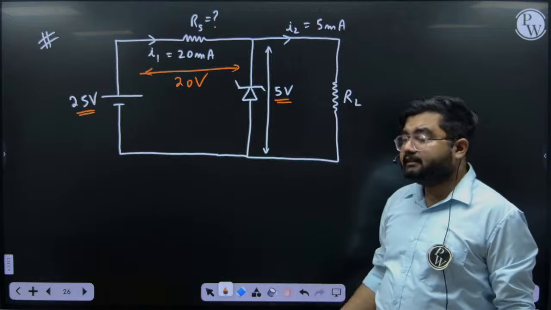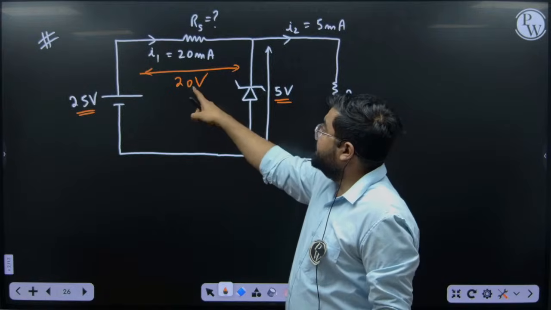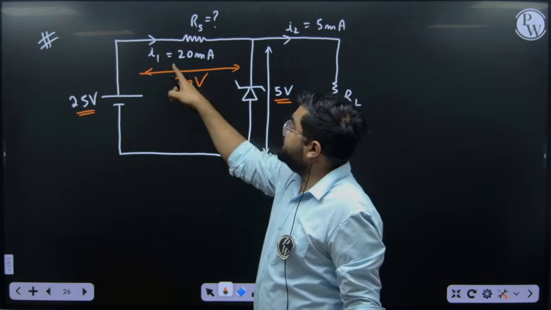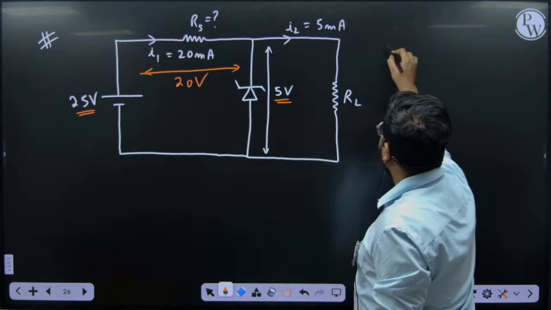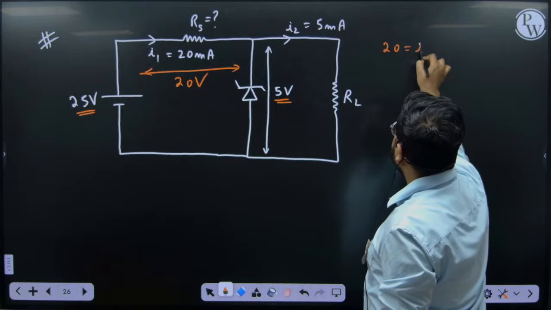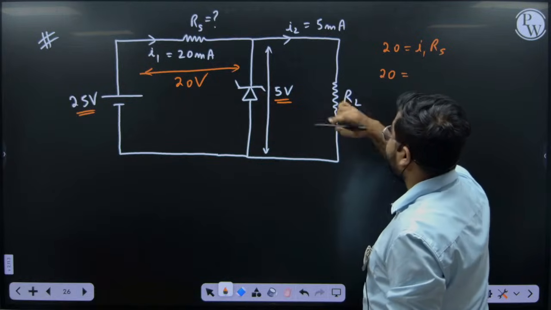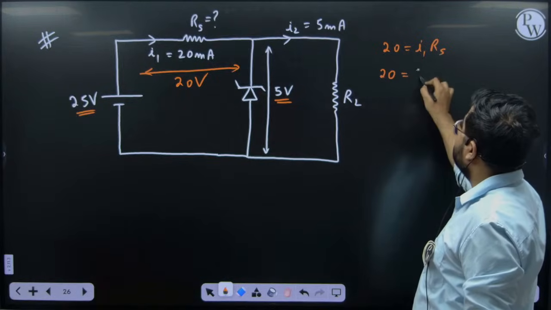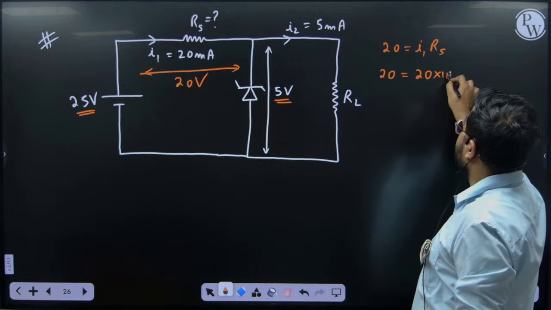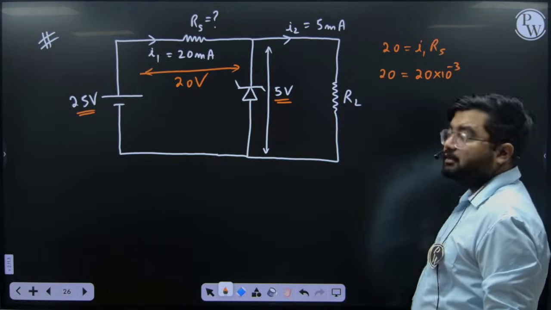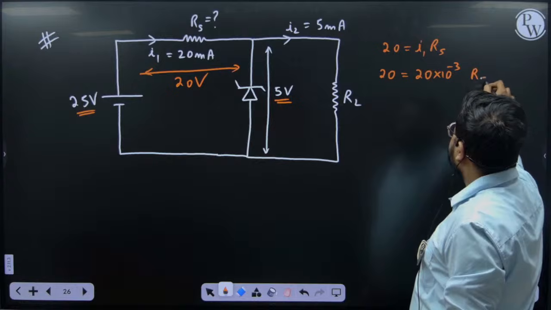This is the drop across this resistor, and this can be written as I1 into RS. So this 20 volt can be written as I1 into RS. I1 is 20 milliampere, so 20 into 10 to the power minus 3 ampere into RS.